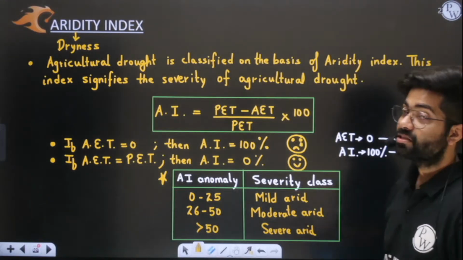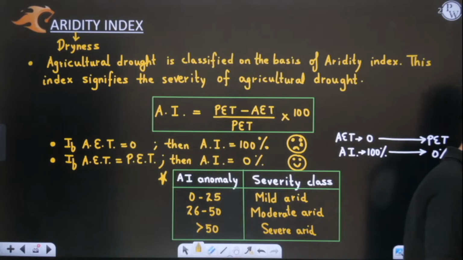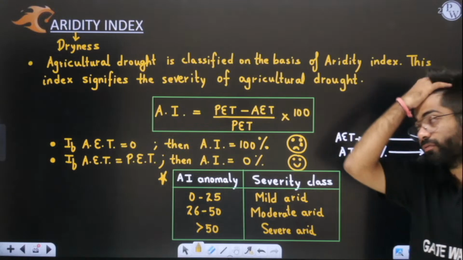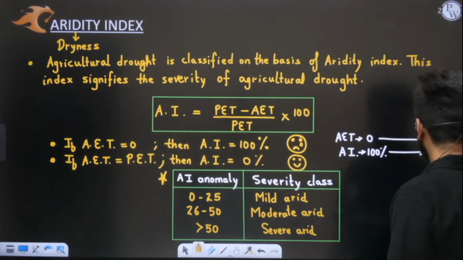Now similar to this is the index of wetness. One more index is there. Clear. Now we have to understand one more index, which is your index of wetness. So this is your aridity index.